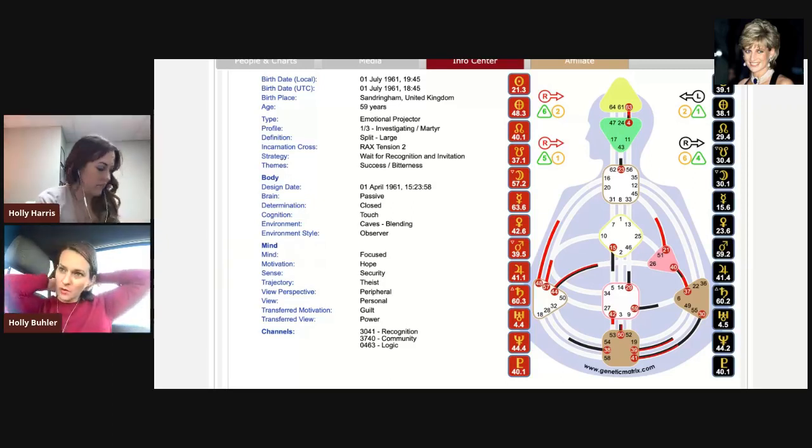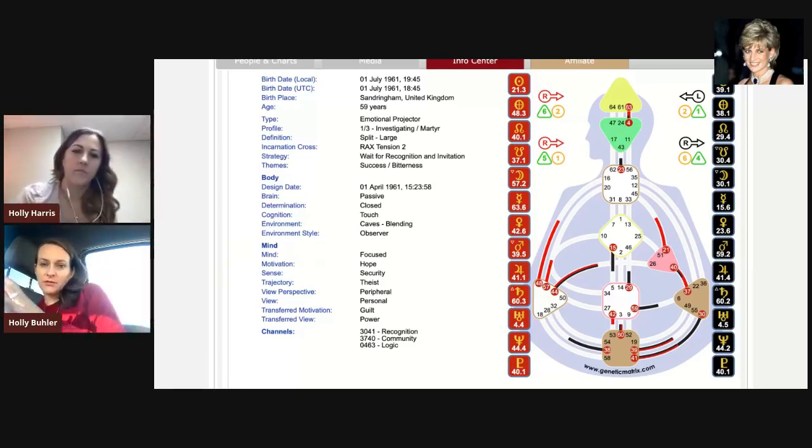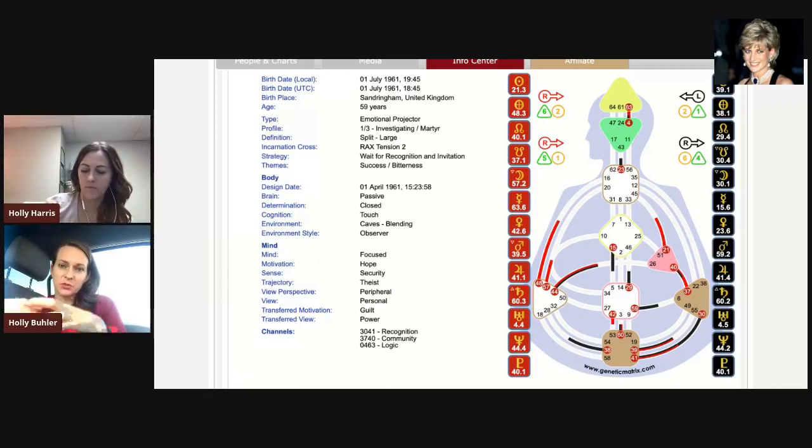So if we look at the actual structure and the mechanics of the chart, she's a projector, like Holly said, because there's no motor to the throat, it's not defined, and she doesn't have the sacral. So the mechanics around not having a defined or motorized throat is that it's not that consistent, sustainable energy to the throat.